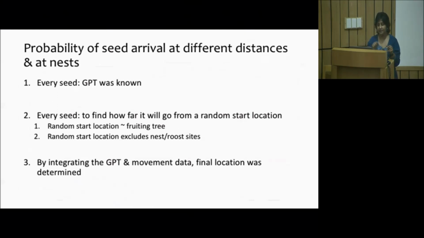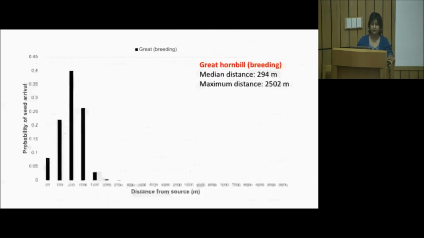Every seed's gut passage time was assigned to a random starting point and an end. The displacement gives us the amount the hornbill could have moved, and the probability of the seed being dispersed to certain distances. This is the way you integrate gut passage time and movement data to determine the final location.